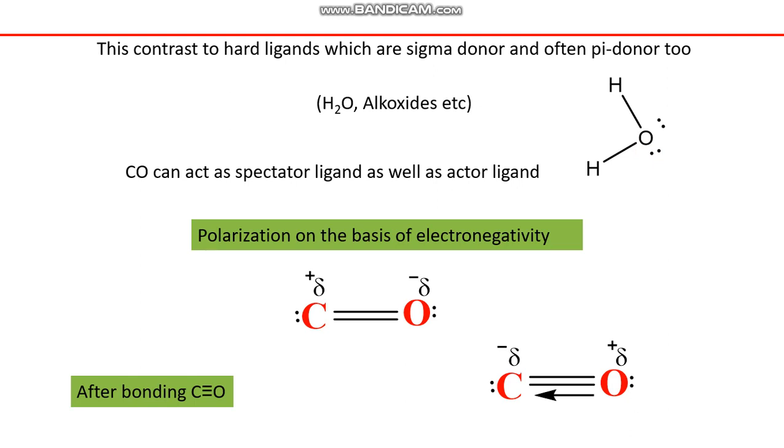Next, appropriate occupancy. If there is an empty orbital, the empty orbital and the orbital which is completely filled can overlap, and in that case coordinate covalent bond will form. In other words, we can say that bonding is possible.